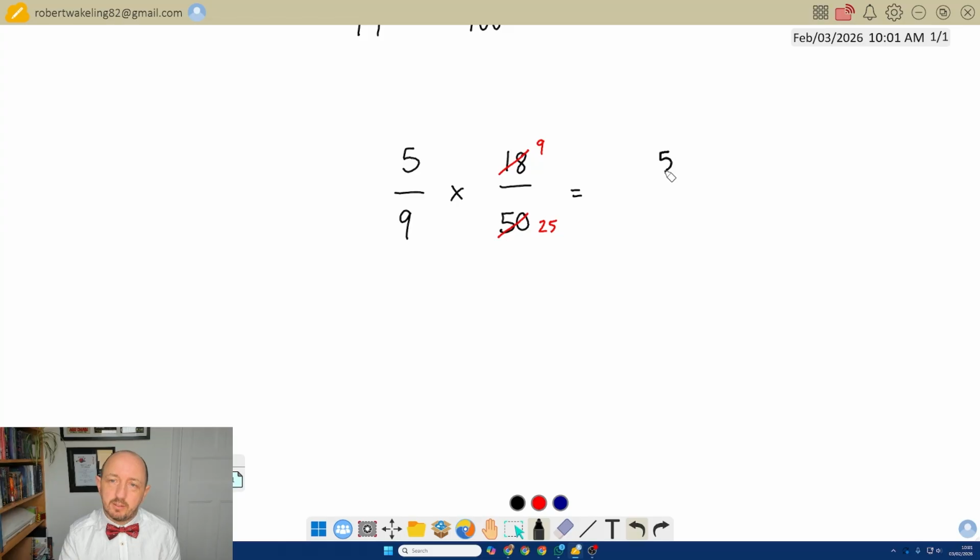So I'm just going to rewrite this so it looks a little bit clearer. We've now got 9 and 25 here. We can look at the diagonals. So the cross here kind of shows us where we can look for factors. So 9 and 9, we can cancel this by 9. 9's go into both of those one time.